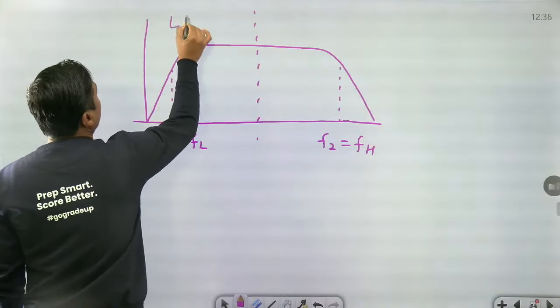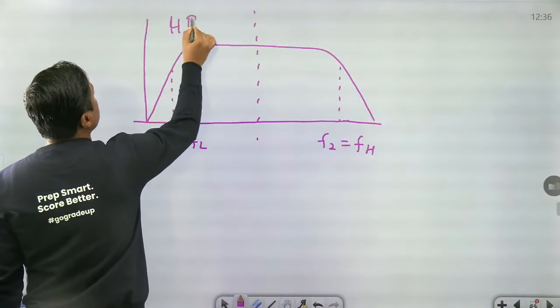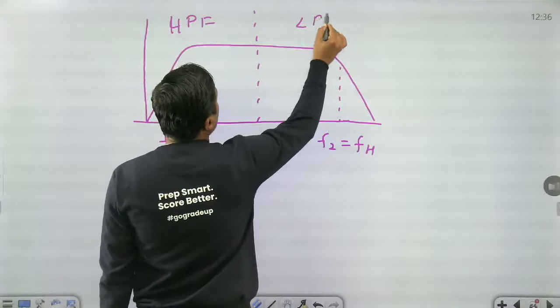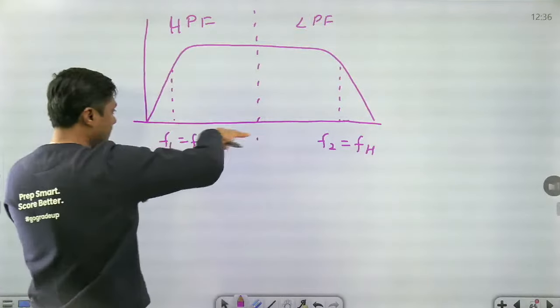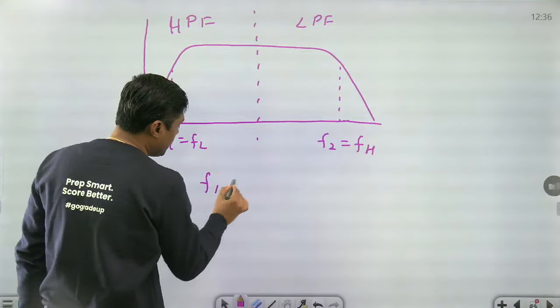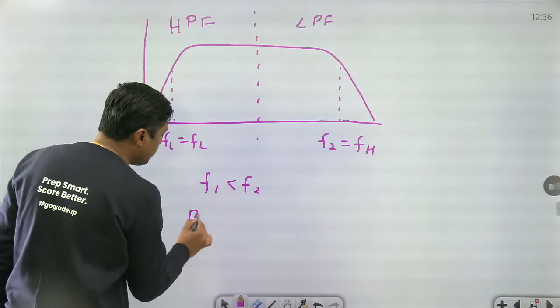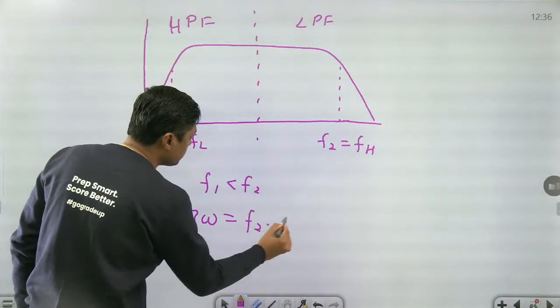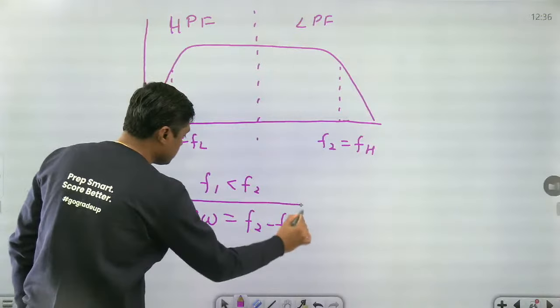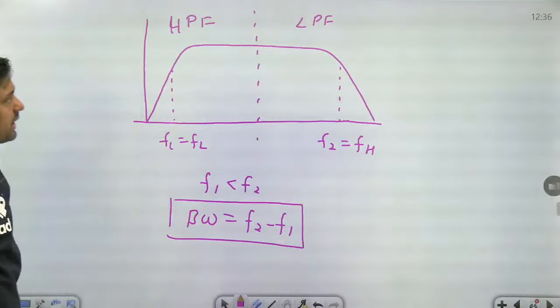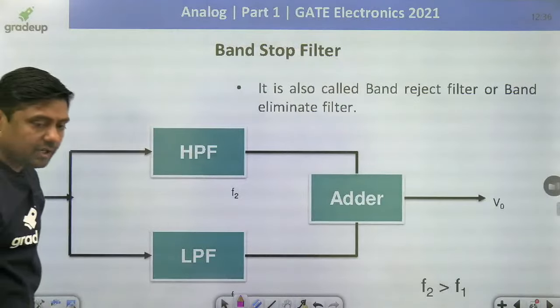Always remember F1 is less than F2, and what is the bandwidth of this? F2 minus F1.